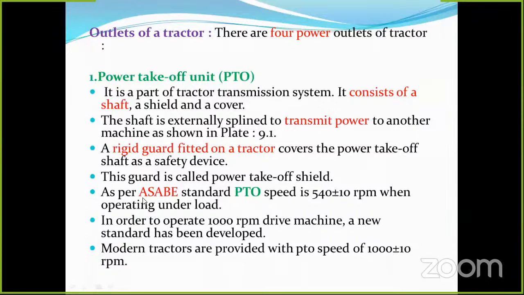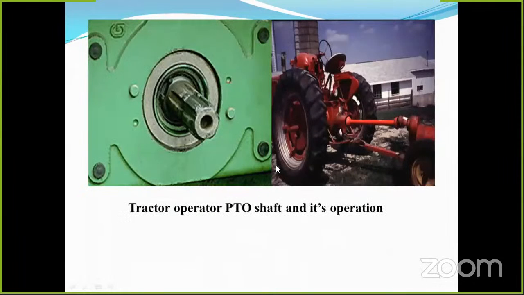Already I told you, according to ASABE, which means American Society of Agricultural and Biological Engineers, the standard PTO speed is 540 plus or minus 10 RPM. Whereas in modern tractors, which were developed recently, it is 1000 plus or minus 10 RPM. See here, this is the PTO shaft.